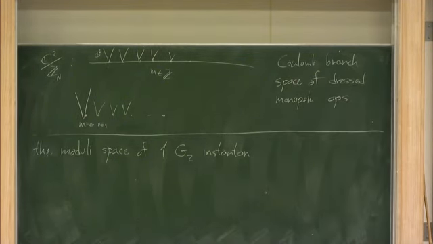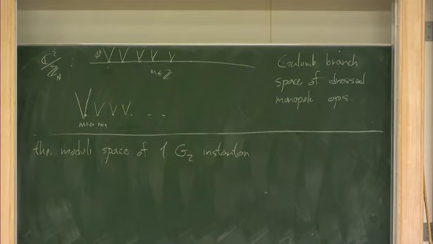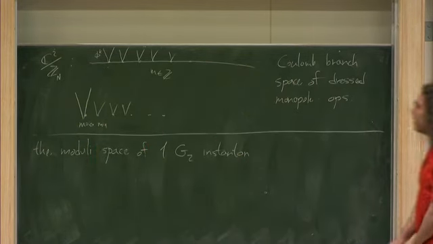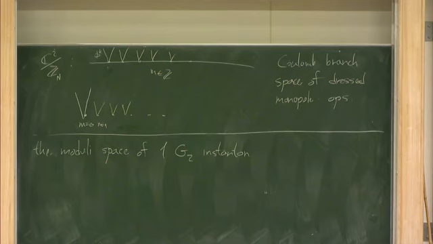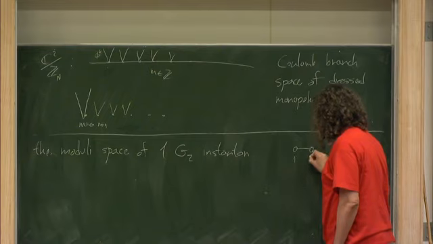And in fact, there's no ADHM construction for one G2 instanton. And this falls under the class of new spaces that I was arguing for over here. So I'm able now to construct the space of holomorphic functions on this space. And the corresponding quiver is going to look like this: 1, 2.